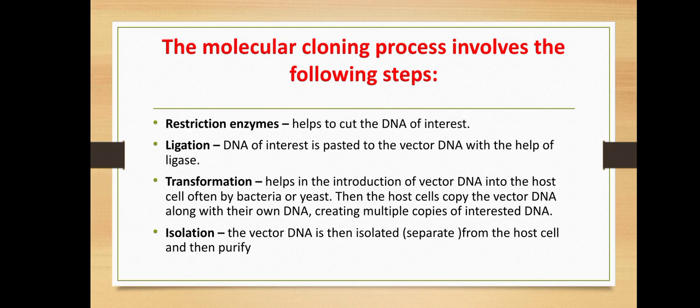Then the host cell copies the vector DNA along with its own DNA, creating multiple copies of the DNA of interest. Next, isolation. The vector DNA is then isolated from the host cell and purified.